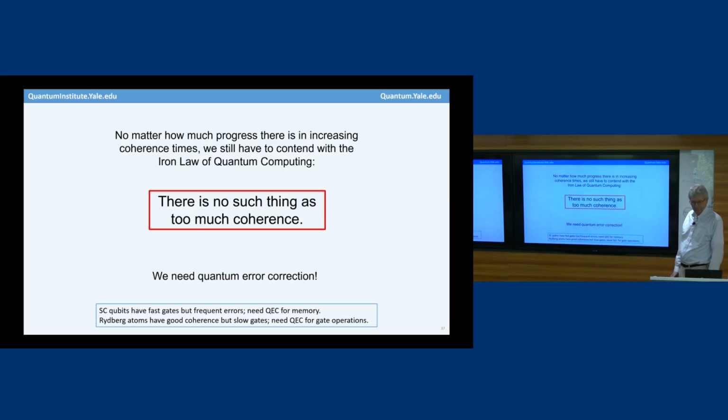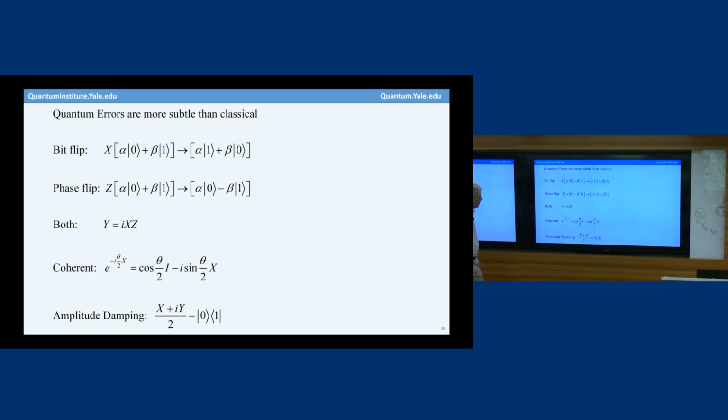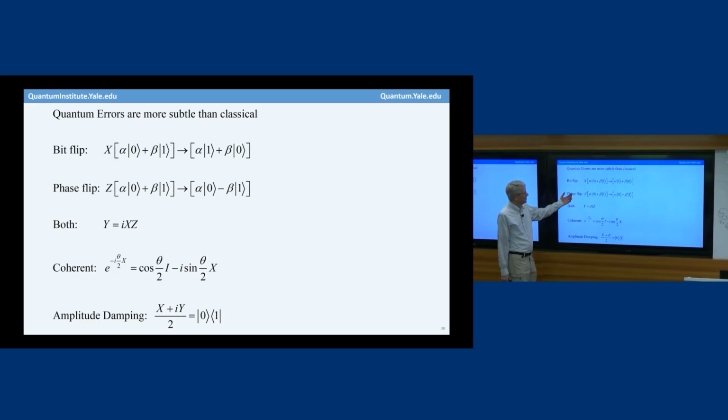Okay. And I've already given this point that we need error correction for memory in superconducting qubits and error correction for gates in other platforms. But we still need error correction. Okay. Now, quantum errors are more subtle, like everything in quantum mechanics is more subtle than classical mechanics, including the errors. So here, let's just consider one bit.